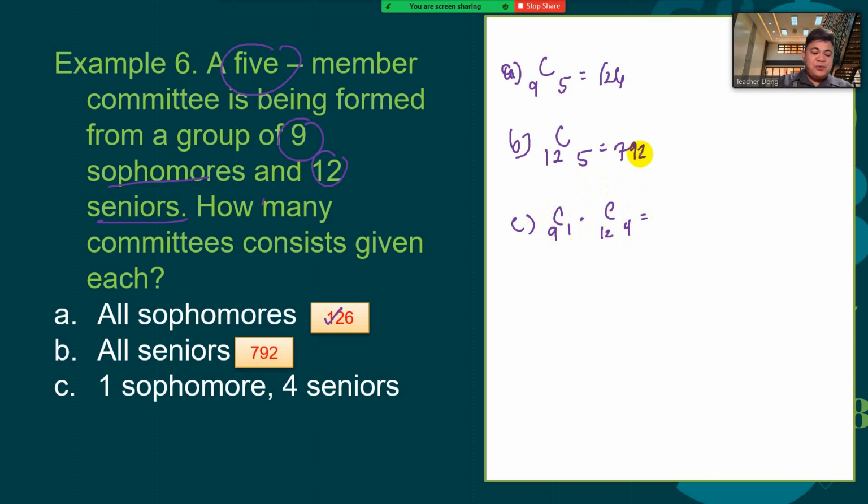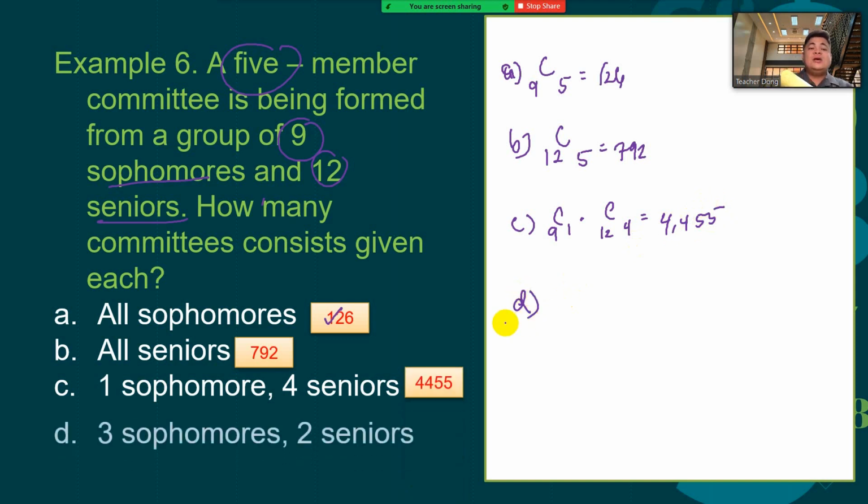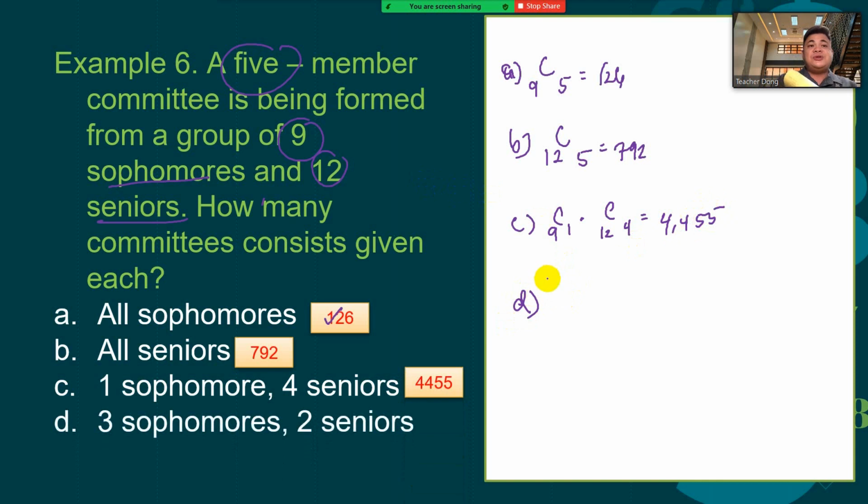So the answer here for letter C is 4,455 combinations. And then for letter D, 3 sophomores and 2 seniors. So in this case, it's combination of 9 taken 3 for the sophomores times combination of 12 taken 2 for the seniors.